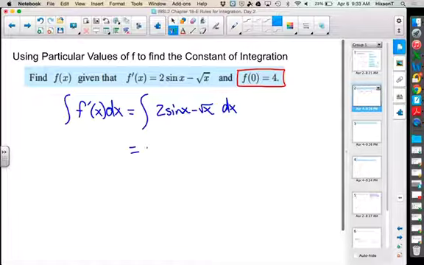The integral of 2 sine x is negative 2 cosine of x. And how about the square root of x? Minus 2 for x to 3 halves. Good.